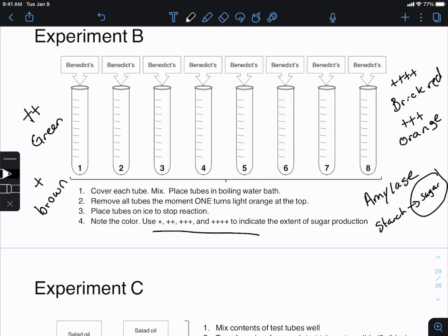Remember, these are subjective. These are my colors for them. You might decide that it doesn't really look brown at all. It looks a different color, but the idea is essentially intensity, with the brightest, most vibrant color being the one that has the most intense production of sugar.